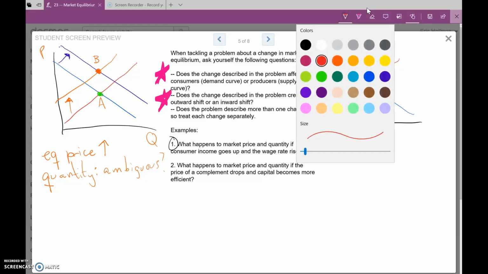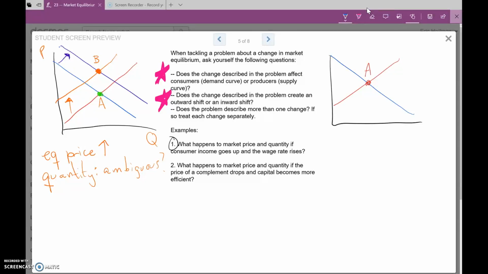Okay, so if the price of a complement drops, is that going to affect supply or demand? And is it going to create an outward shift or an inward shift? This is going to affect demand because the prices of substitutes and complements always affect demand. So if the price of a complement drops, that is going to shift this demand curve outwards.